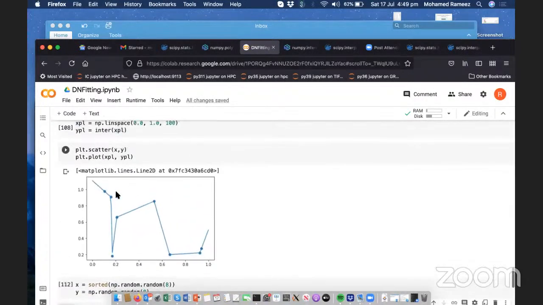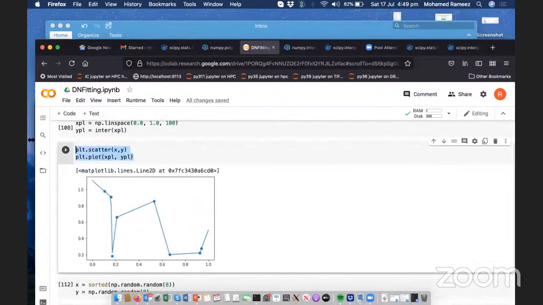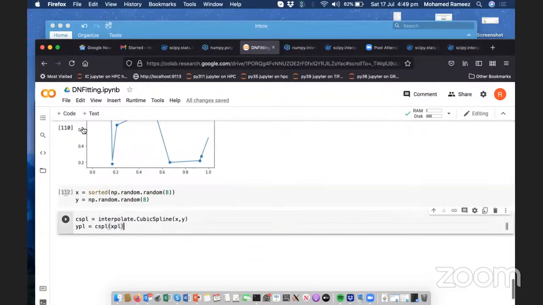You notice that I am creating these points from scratch again, so it will look quite different from this figure.